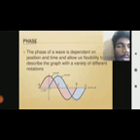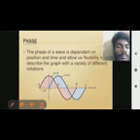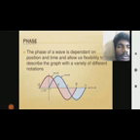Because the value is minus pi by 2, we can say this is the phase difference between the red and blue waves. Pi by 2 is equal to 90 degrees, the leading angle.